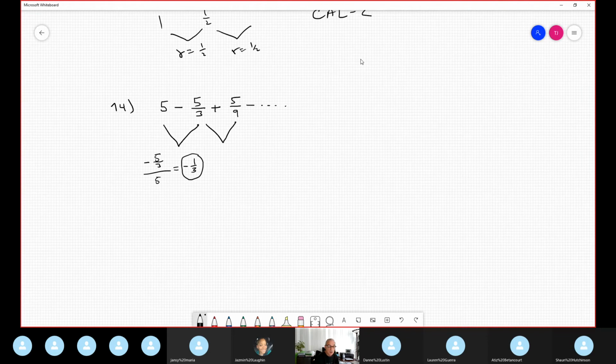Situation number 1, when the common ratio is negative, the series alternates: positive, negative, positive, negative, positive. And when the absolute value of the common ratio is less than 1, the infinite series, the infinite summation from k equals 1 to infinity of a sub k, is convergent.